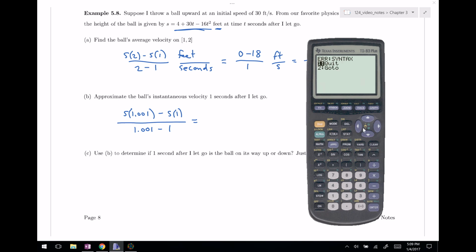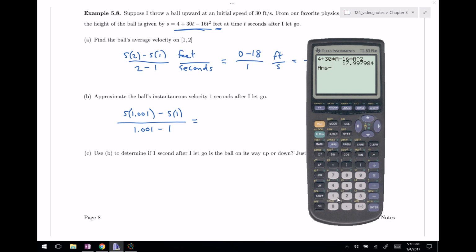Oh, it didn't bring up my answer. Oh no. Oh, this is going downhill fast. This is where I wish I could do some editing. 30 times a minus 16 times a squared. Here's our answer again.